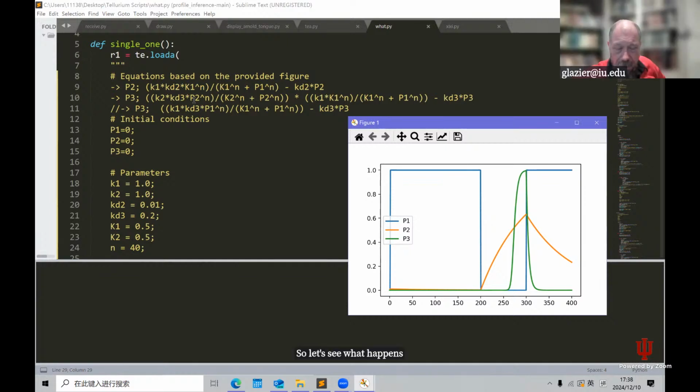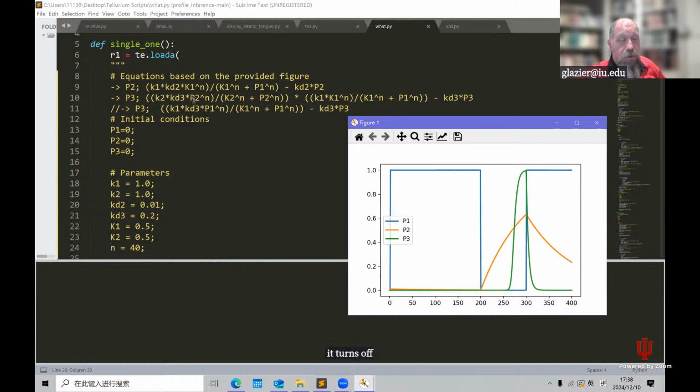P1 goes on. P2 does nothing because it's on. P3 stays off. Now I've turned P1 off. Then P2 comes up. That turns P3 on. And when I turn P1 on again, it turns off.